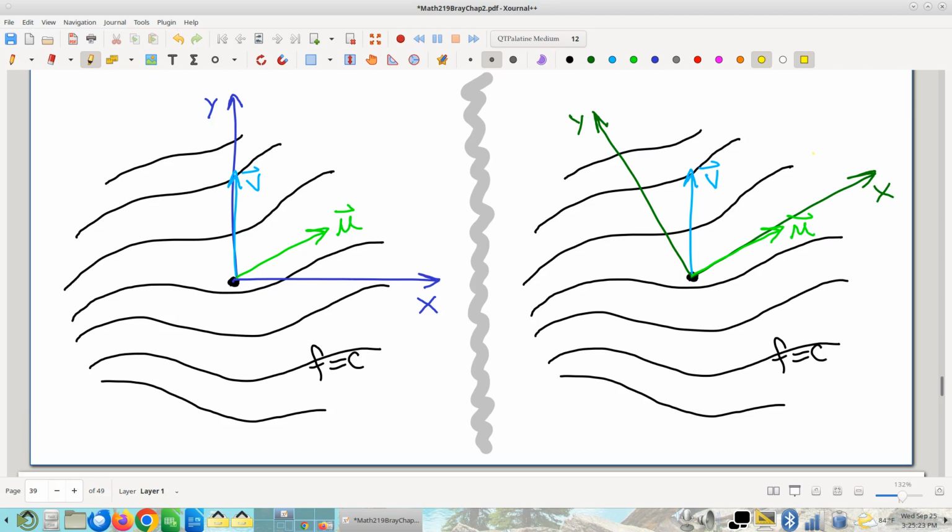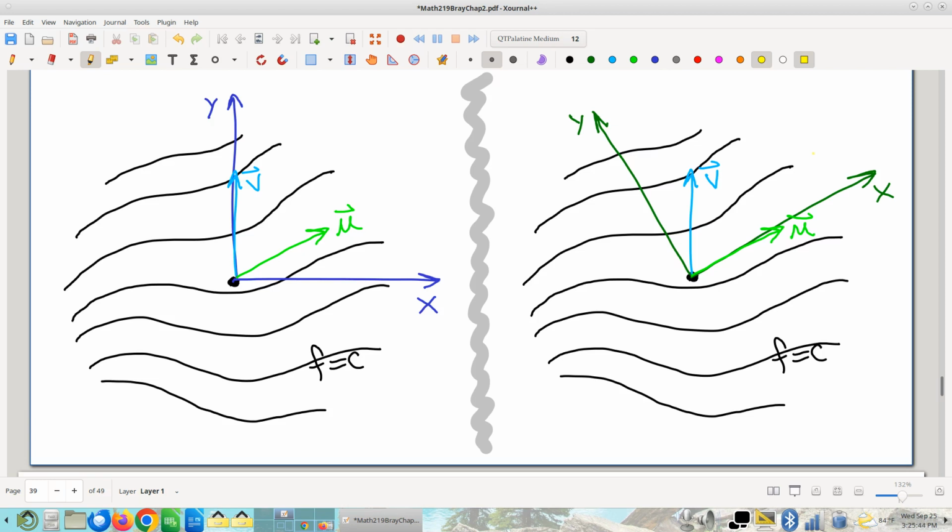What's going on here? We have two different, this is actually the same picture, repeated twice. The same background. You can see it's a bunch of contour lines, if you will, level sets of some function f. Let's start with the picture on the left. You see I have an x-axis and a y-axis.